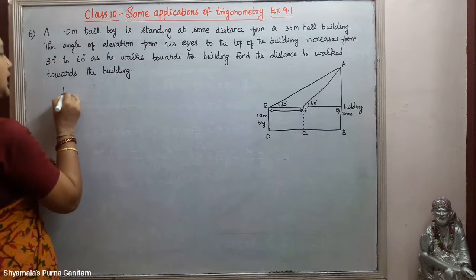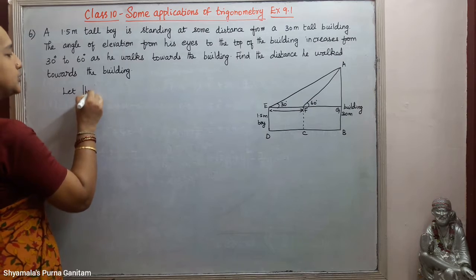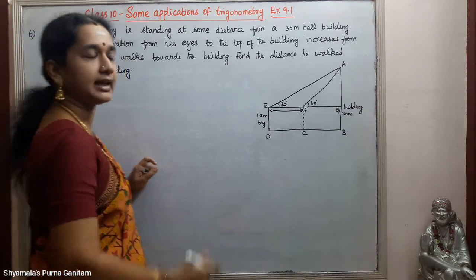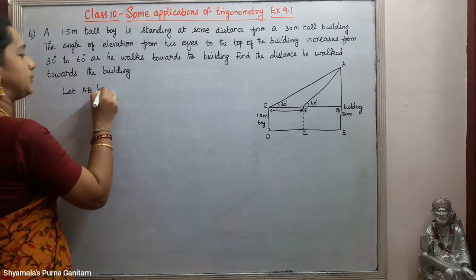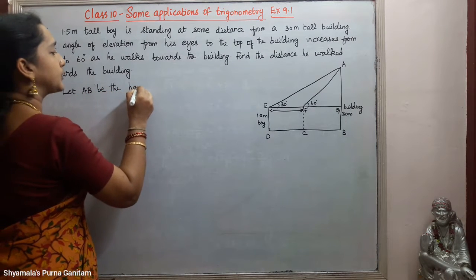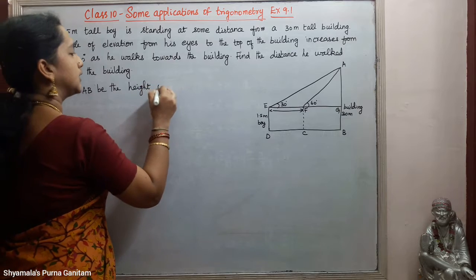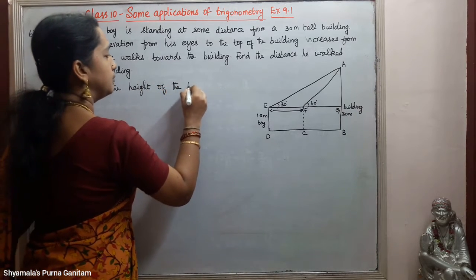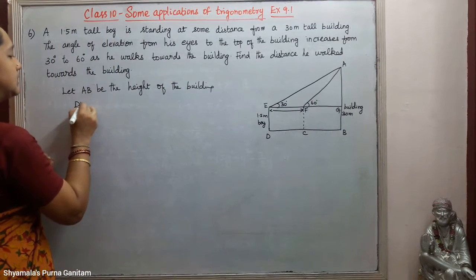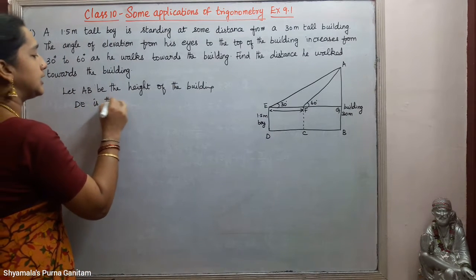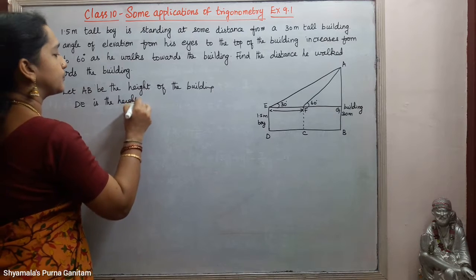Okay. Let AB be the height of the building, and DE the height of the boy.